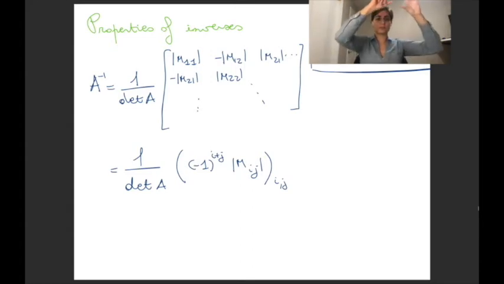So you start with a positive sign and then you switch positive, negative all over the matrix. And in every element of the matrix you put the determinant of the rest of A. Might be a bit confusing, but I will not expect you to know this equation by heart.